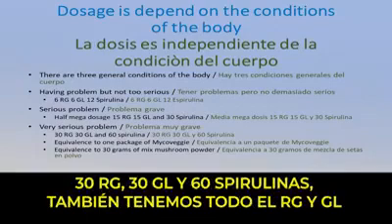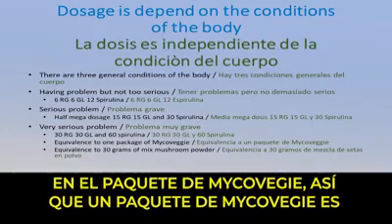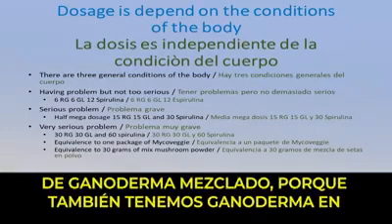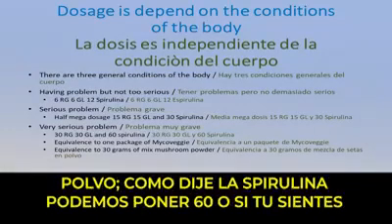Okay, like this: 30 Rg, 30 GL and 60 spirulina. Then we also put all the Rg and GL into a package of microveggie, you know. One package of microveggie is equivalent to 30 GL and 30 Rg. Or we can put in 30 grams of mixed mushroom powder. We do have mushroom powder. And as I say, spirulina is assisting.